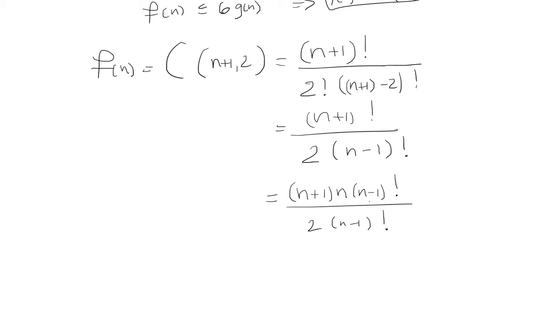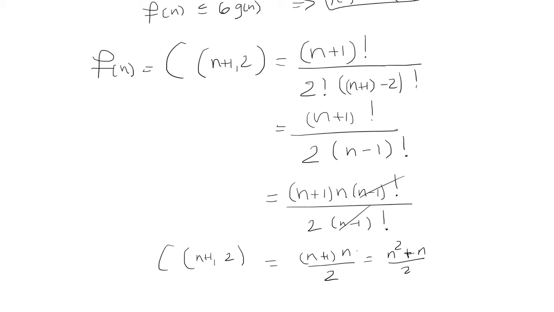The n minus 1 factorials are going to cancel, and so I'm left with n plus 1 times n over 2, which is n squared plus n over 2.